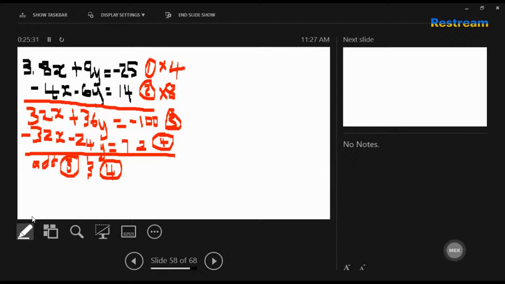All right, so when we add them, then we know that that's going to be 0. We have eliminated the x. 36y plus negative 24y, that's going to give 12y. And negative 100 plus 72.